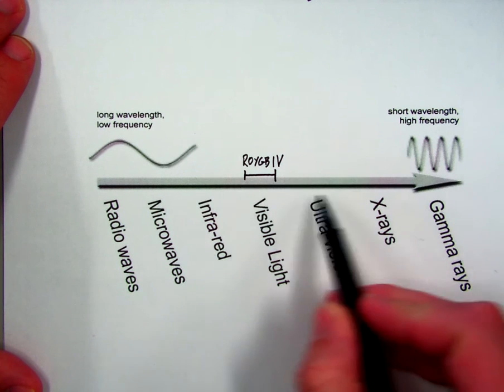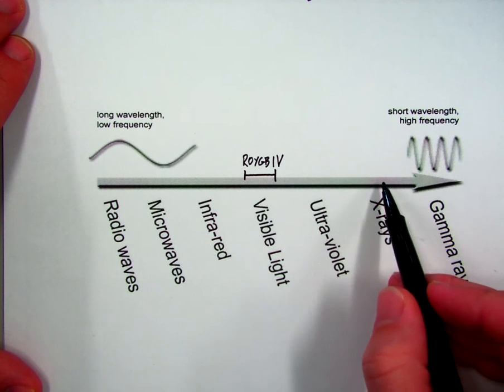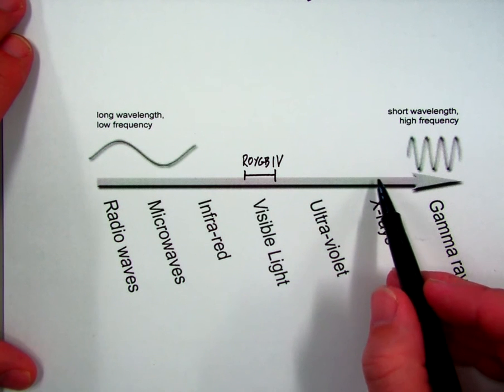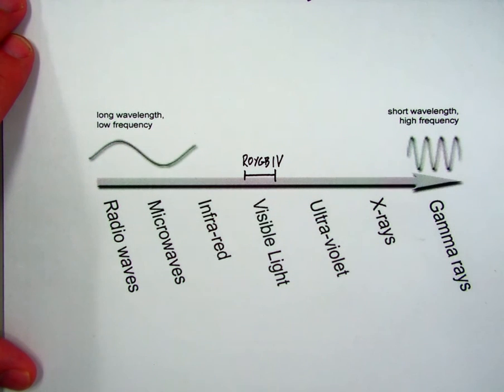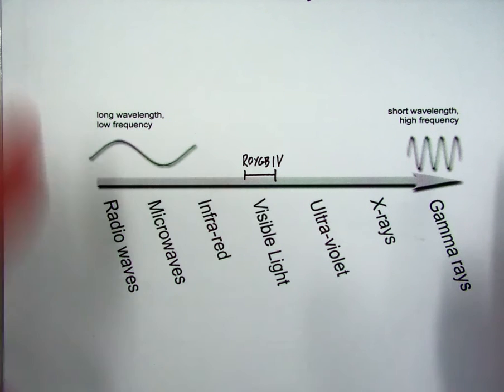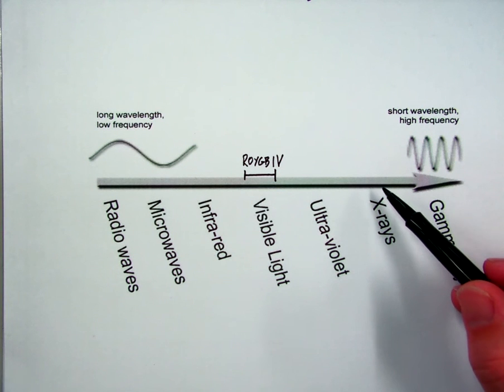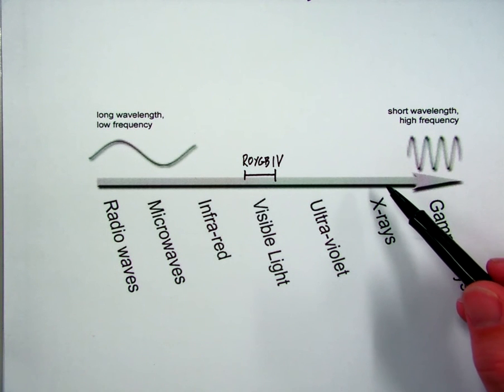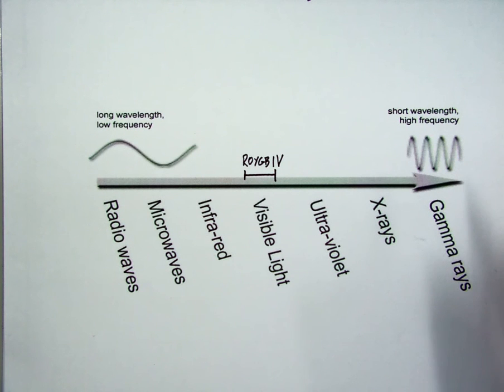X-rays are just beyond the ultraviolet. X-rays are much higher energy, shorter waves, higher frequency. X-rays mostly go right through us. However, they're blocked by bones and other structures. So X-rays are a useful way to see a shadow of the bones in our bodies. And finally, gamma rays.